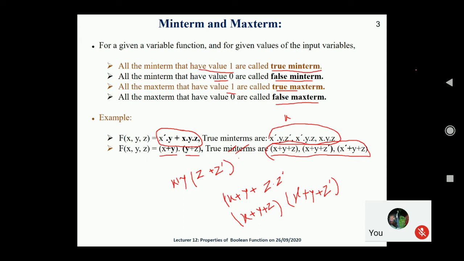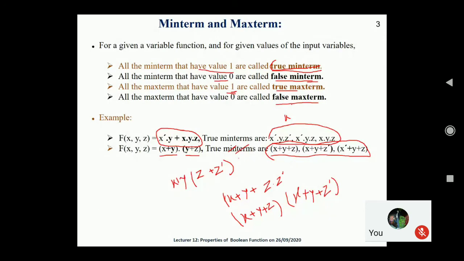So this one is called a true min term. When a particular min term occurs with logic value 0, it is called a false min term. Same way, in the reverse direction we call it a max term. Whatever output always produces 1, it is called a true min term, and 0 is called a false max term.